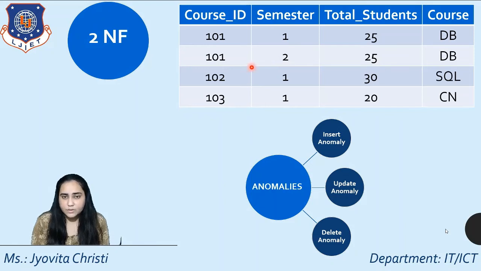This data is also lost. It's possible that this is the only data for that semester and it is getting lost because I want to delete a course. So I cannot delete a course without also deleting the rest of the values because it's all in one table.